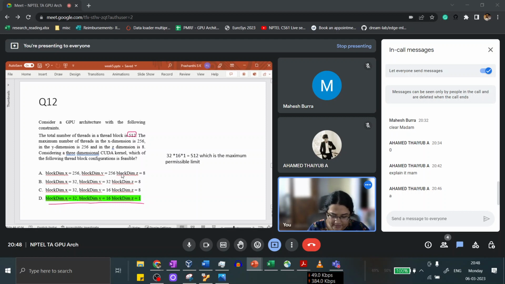So you can quickly check that, 32 into 16 into 8. Yes, that definitely is more than 512. 32 into 16 is exactly 512. So that's also a different way to use this criteria to eliminate the options, and you end up with option D, which is a valid option.